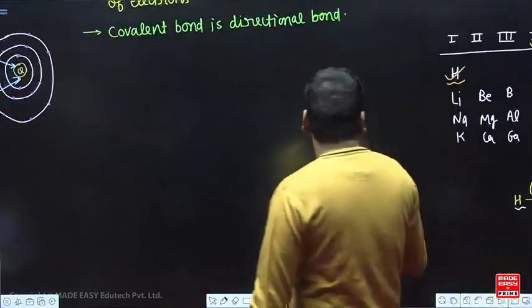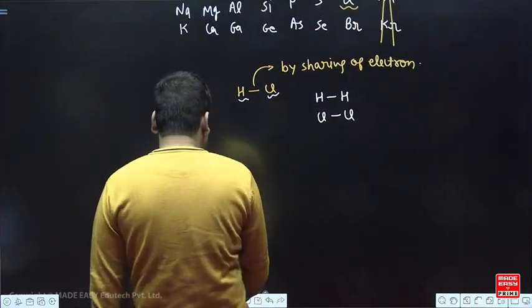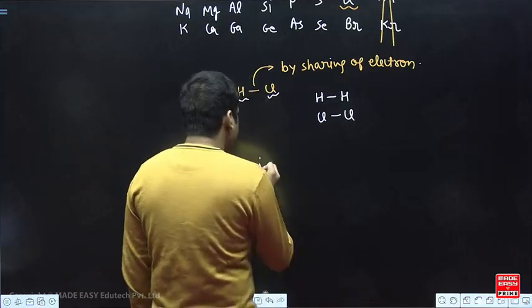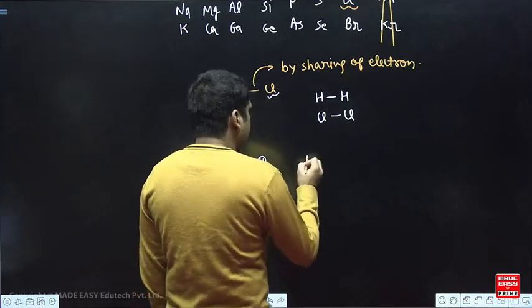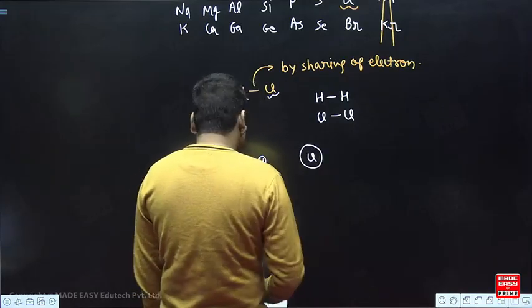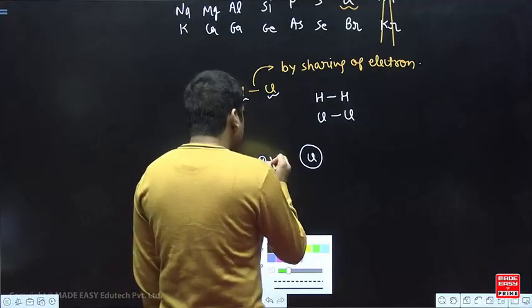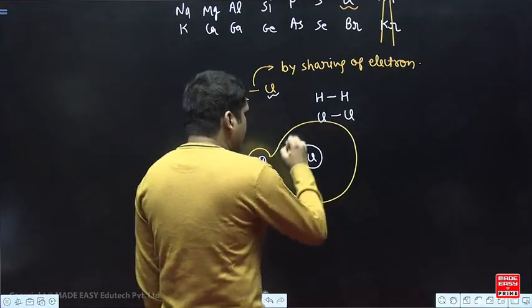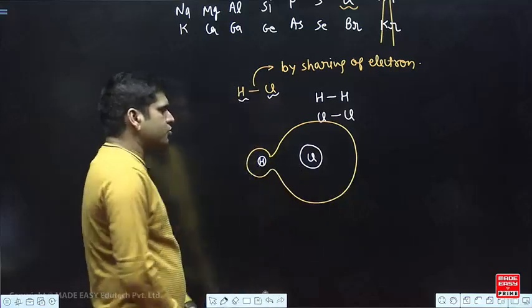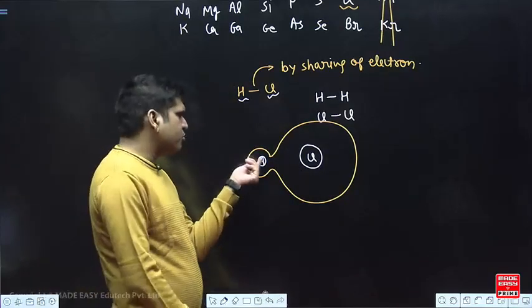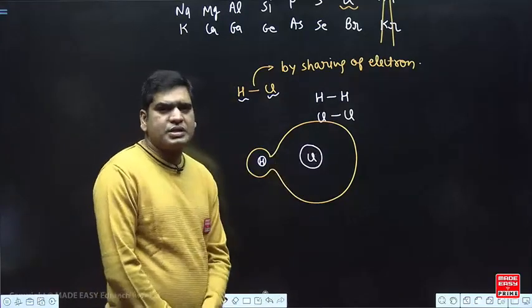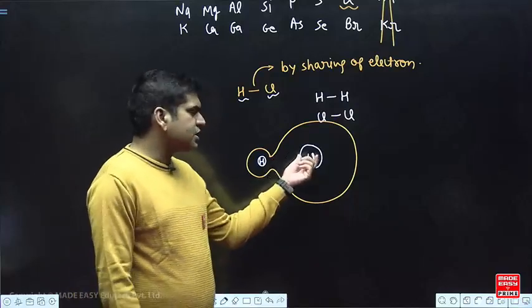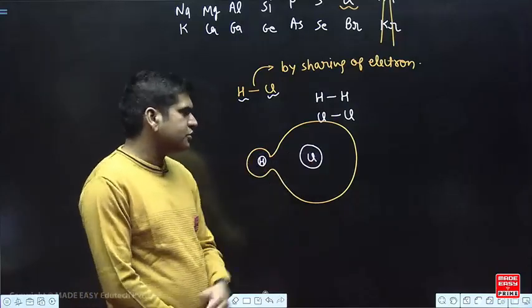But here you see in the case of hydrogen chloride, the hydrogen nucleus has 1 proton and the chlorine nucleus has 17 protons. So the bonding pair electron is more attracted by chlorine and less towards hydrogen, because only 1 proton is attracting here and 17 protons are attracting there. The nuclear attraction force is very high compared to this.